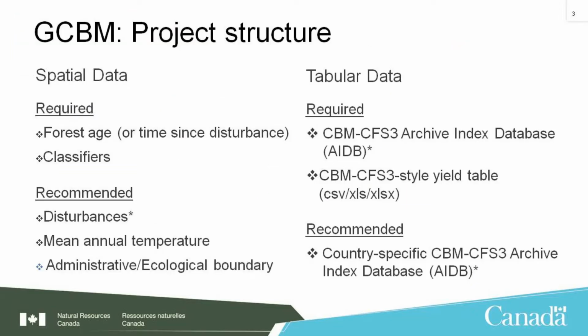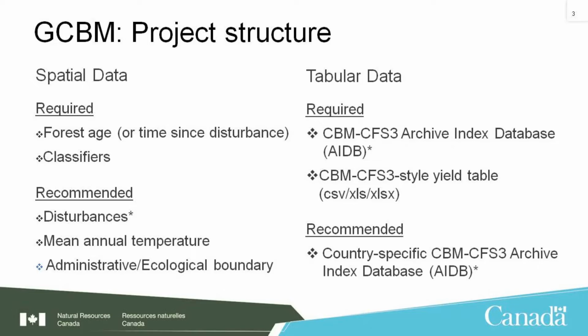In terms of the data required to run the GCBM, on the spatial side, the user will, at a minimum, need a map of the initial forest age or the time since last disturbance and their classifiers. It is recommended to have a mean annual temperature layer, as this affects the decay rates, and a layer identifying administrative and ecological boundaries.